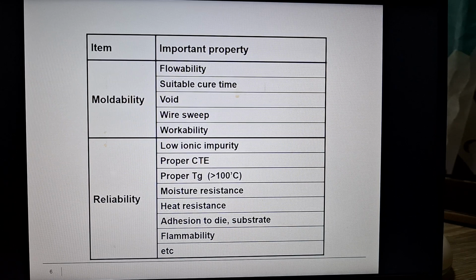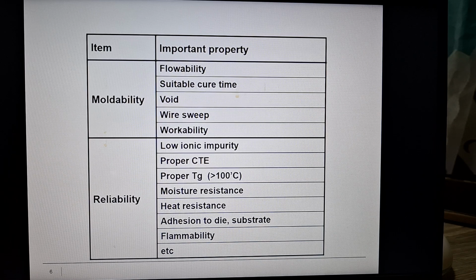And then you have this kind of wire sweep. Wire sweep comes from two words. Wire means it's a connecting medium, a wire made of gold or aluminum or copper, which are being used nowadays to save cost from gold, because gold is very expensive.